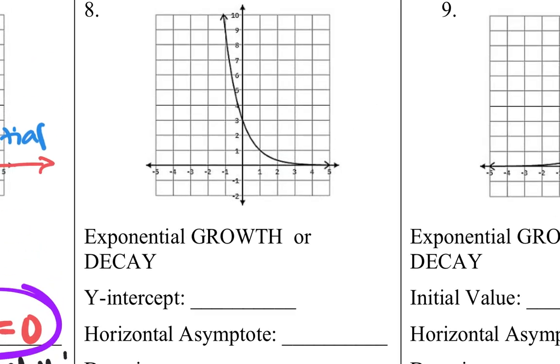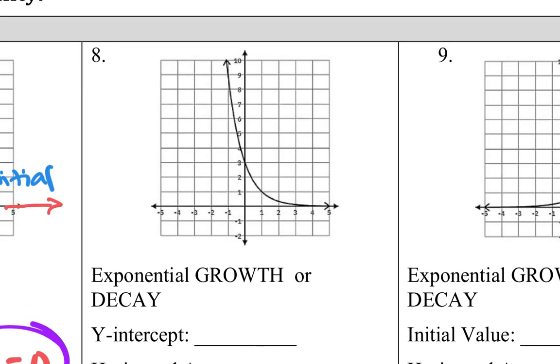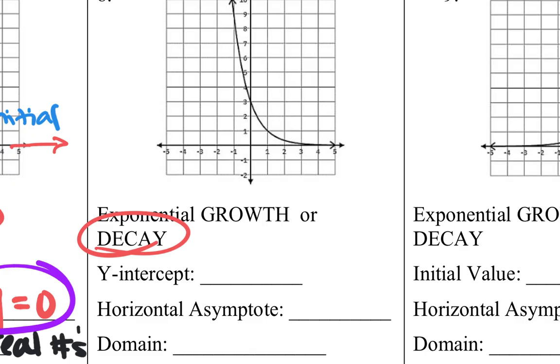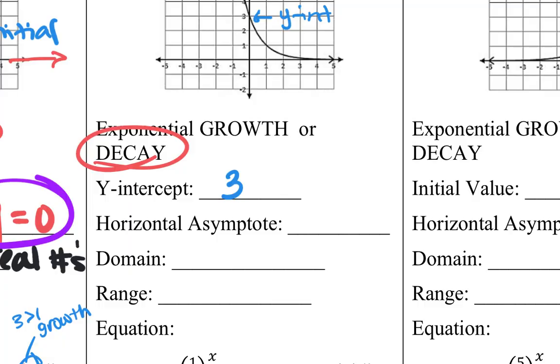Look at this one here. Again, look at your graph going left to right. Is this growth or decay? Decay. Okay, where's your y-intercept at? 3. All right, so that's 3. Horizontal asymptote, that never changes. What do we say that was?